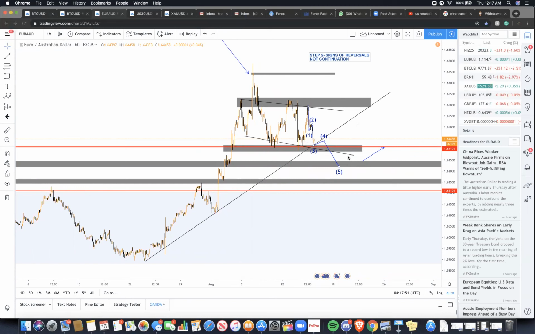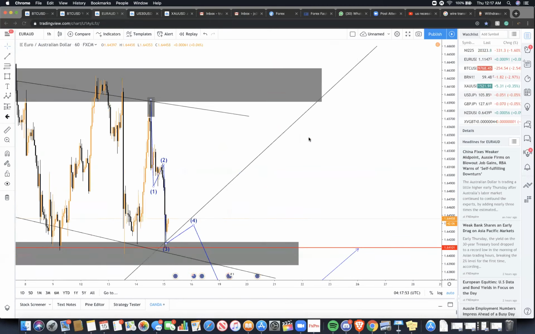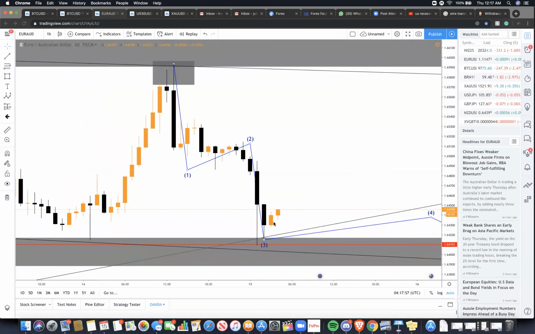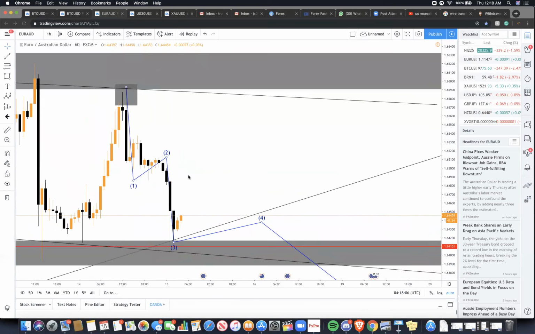Right now, based off the current candlesticks, after the candle failed to break below our zone, the market's starting to retrace a little bit. Based off of the plan we developed earlier with the Elliott waves, we predicted one move to the downside, the retest, another move to the downside, another potential retest, and then a continuation.